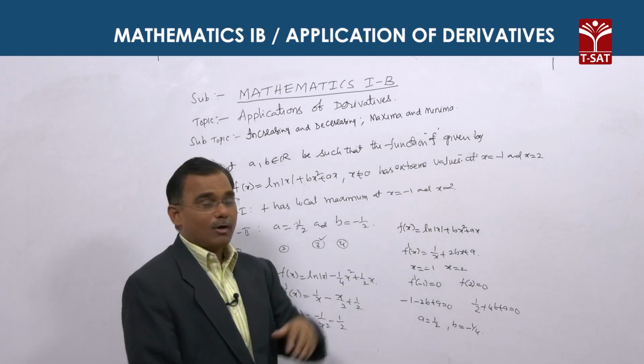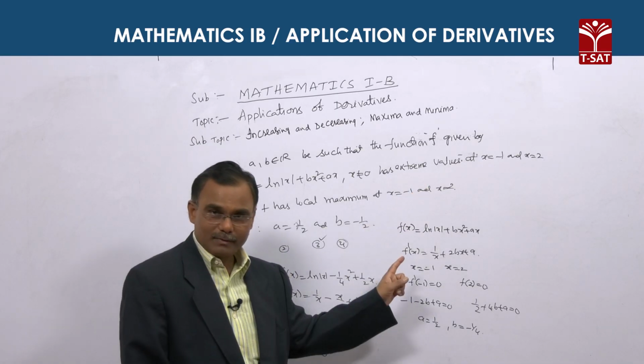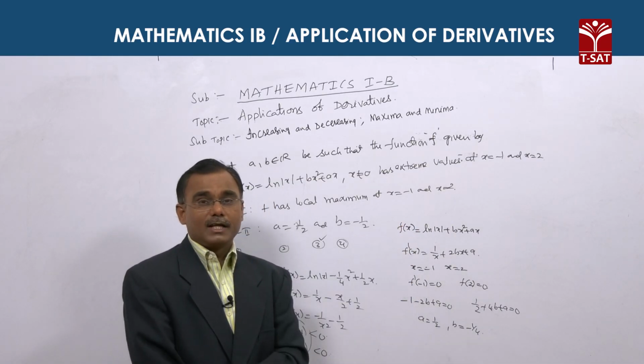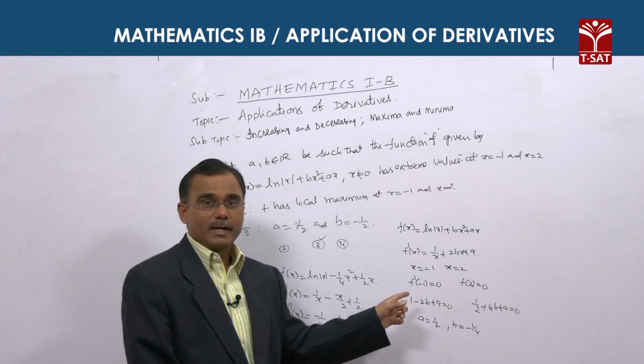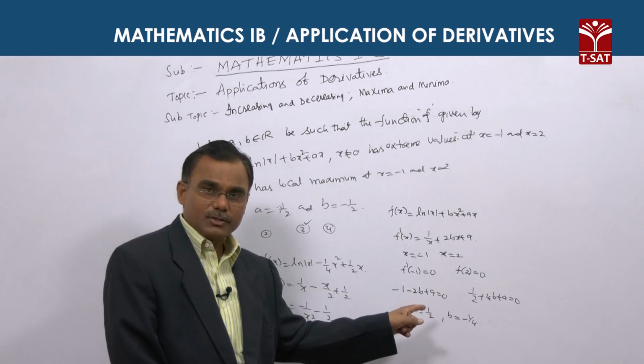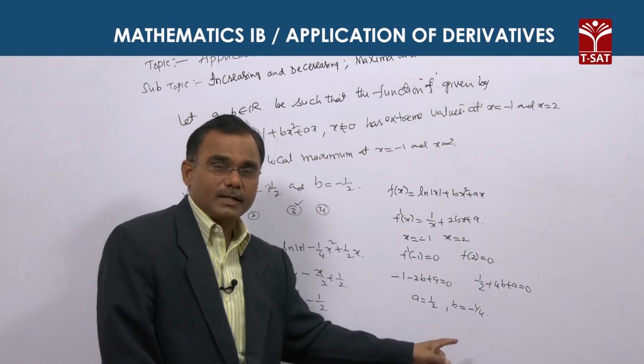Given that x = -1 and x = 2 are the extreme values, find the properties of the given function f(x). Find f'(x). Extreme values mean -1 and 2 are the roots of f'(x) = 0, so f'(-1) = 0 and f'(2) = 0. Solving these two equations, we get the a and b values.